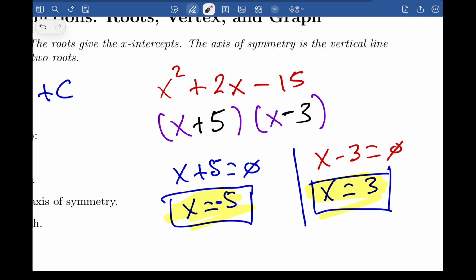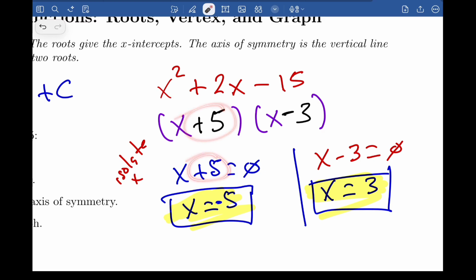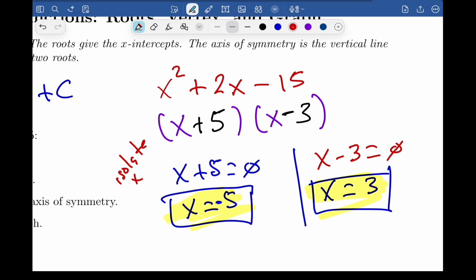Then here we need to isolate x. If we isolate x, we must change the sign, so this positive 5 becomes a negative 5. This would be root number 1, then this is root 2.